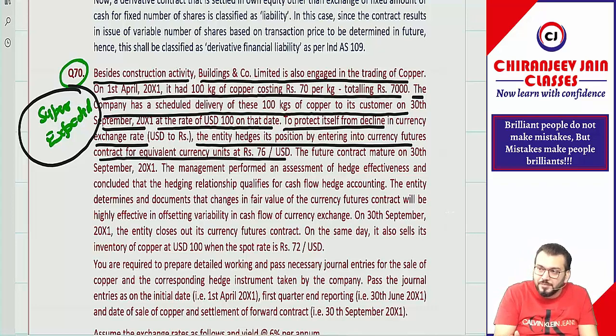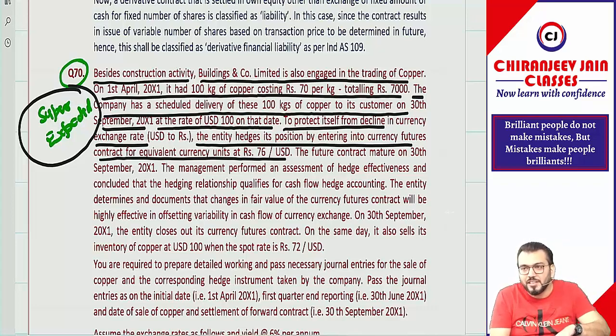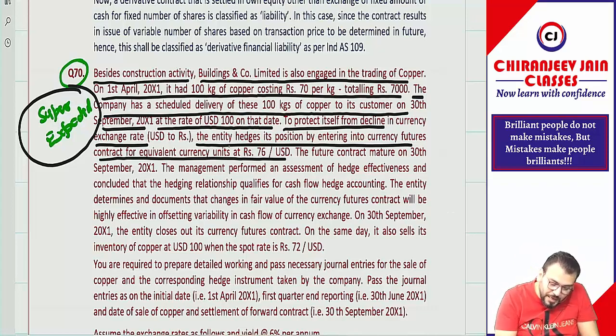So there is a risk of decline in foreign currency rate. So they enter into which contract? Buy contract or sell contract? The entity hedges its position by entering into currency future contract for equivalent currency unit at rupees 76 per US dollar. You can see they have not given whether they have entered into it to buy dollar or to sell dollar.